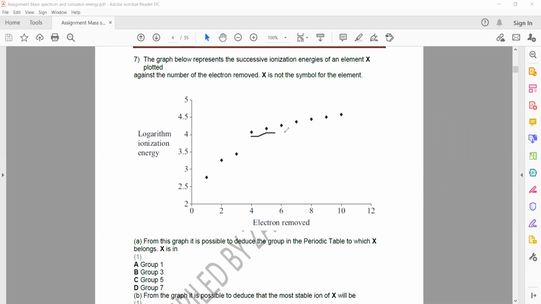Because the other energies are in the same order. So when they are in the same order, this shows they are in the same shell, and this one was from another shell. So how many electrons are there in the last shell of this element? There are 3 electrons. If 3 electrons are there, this element belongs to group 3. Is it clear?